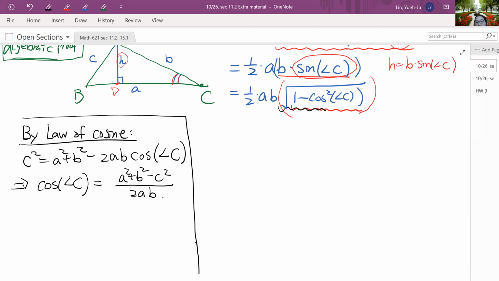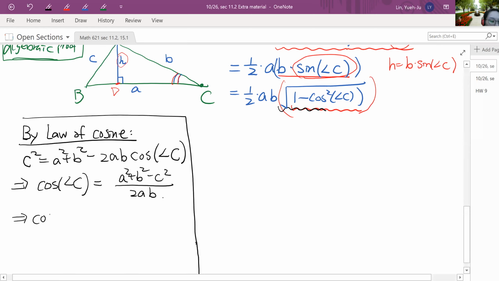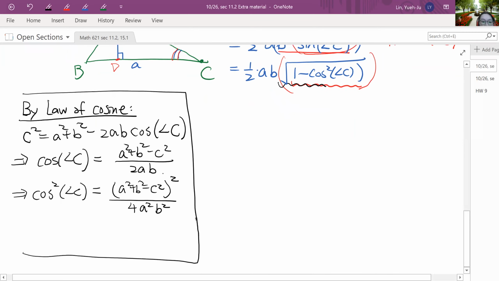Now you can see I need 1 minus cosine squared, so I'm going to square it. If you square the denominator, it's going to be 4a squared b squared. Because the quantity inside the square root is 1 minus cosine squared, I'm going to take 1 minus cosine squared.